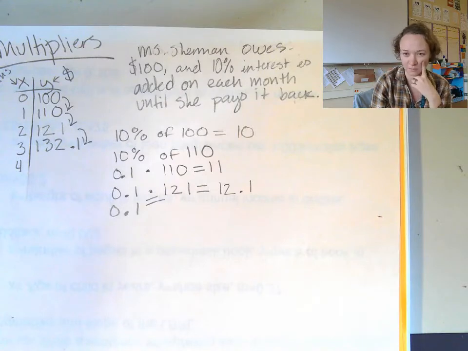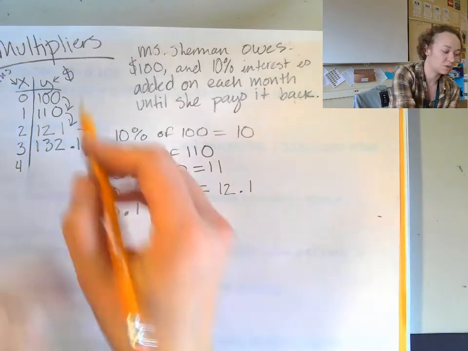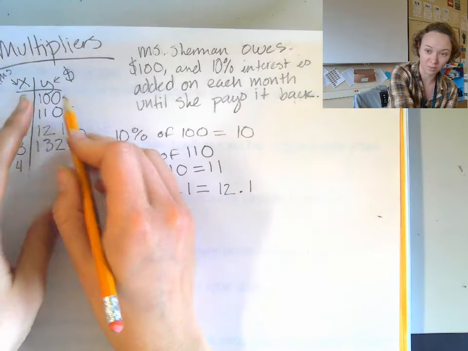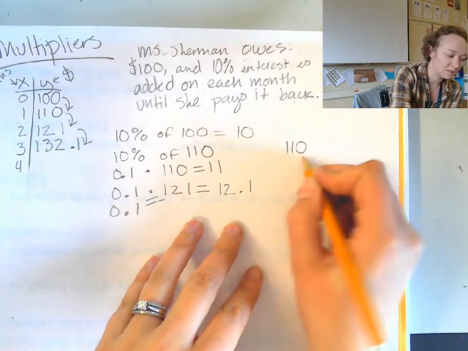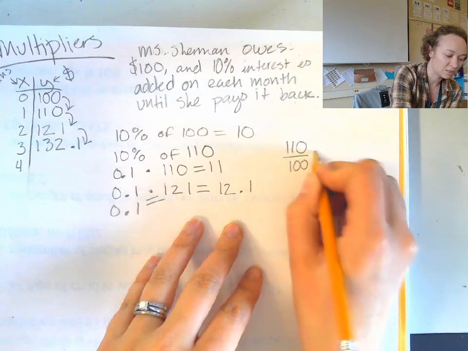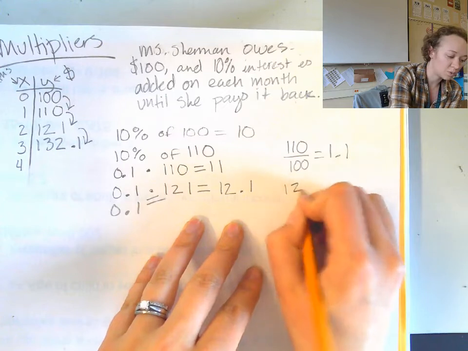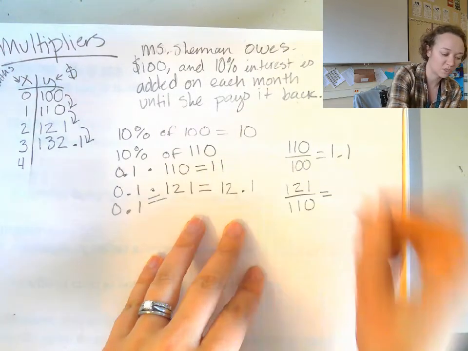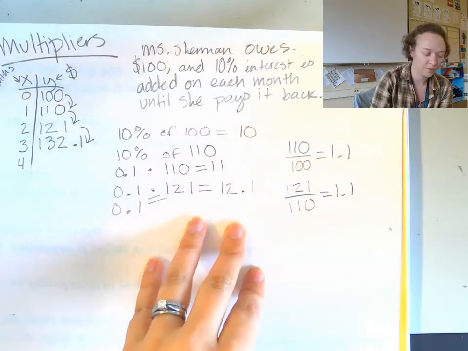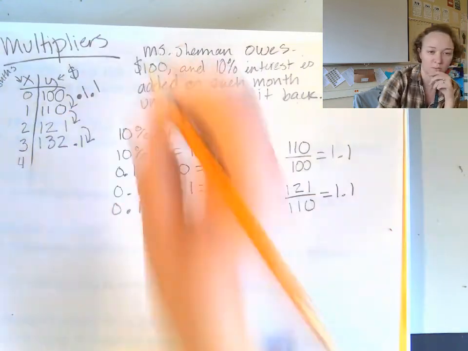Use a calculator. So did you decide to do the next number divided by the previous one? So if we do 110 divided by 100, that gives 1.1. If we do 121 divided by 110, that gives 1.1. So each time we're multiplying by 1.1.